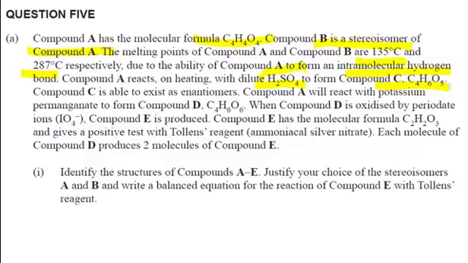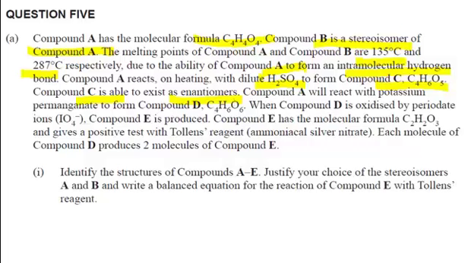That could be an acid hydrolysis reaction, but we've got the same number of carbons, so it's also used in addition reactions of an OH and H across a double bond. And we're told that compound C can exist as enantiomers, so it's an optical isomer, so we're looking at having a chiral carbon in there.